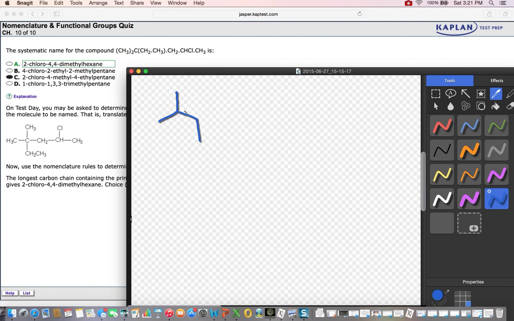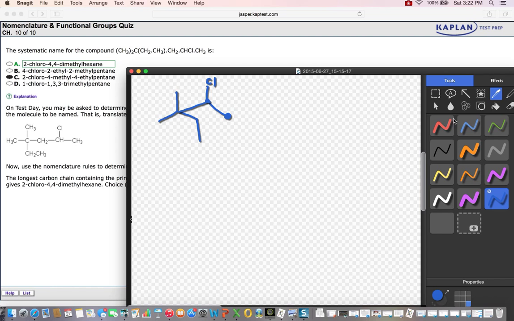And then we have a CH2, CHCl, CH3. This is a real problem because of the quality of how this is drawn, and I'm pretty sure that there's an issue with how they drew this. This is not a typical way of doing a condensed structure. So we have a CH3, a CHCl, that's all well and good.